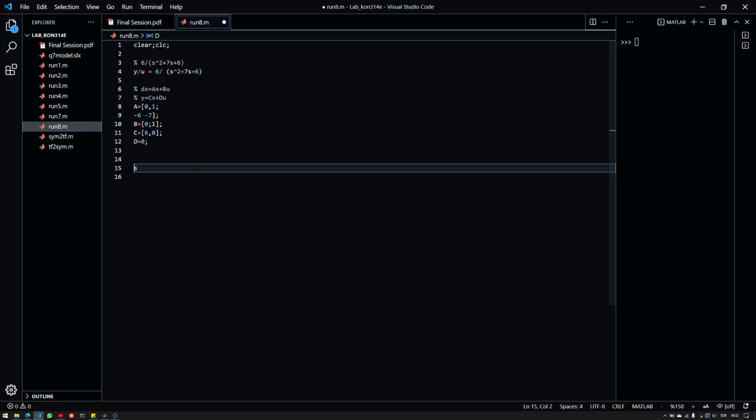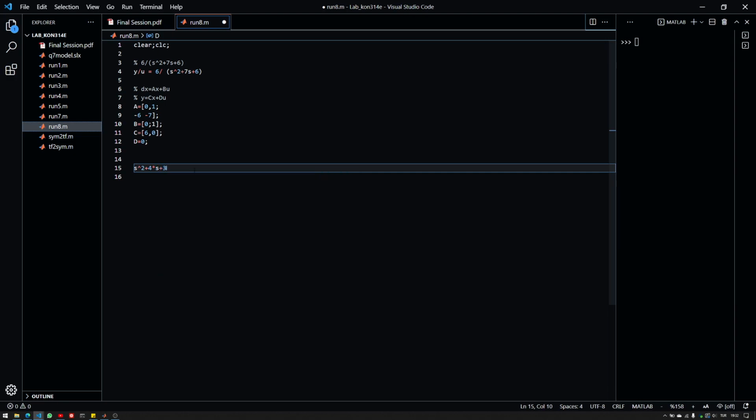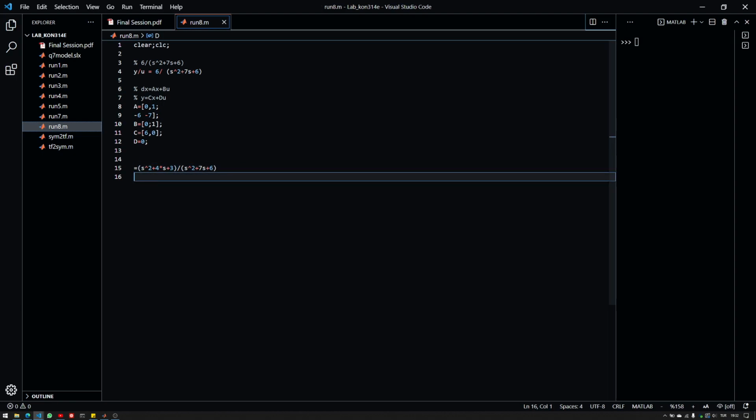So what about a biproper version? What about, let's say, s squared plus 4s plus 3 divided by this part here? Now, this will basically be the same. The only difference will be the following.